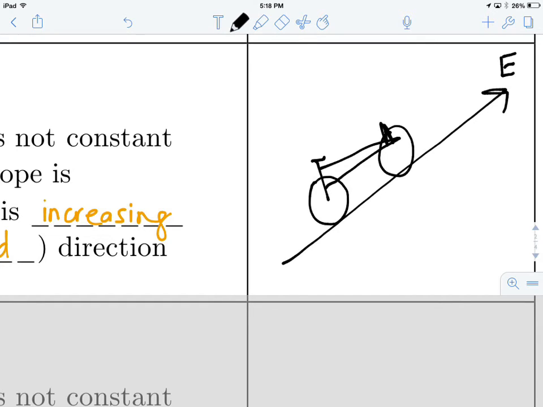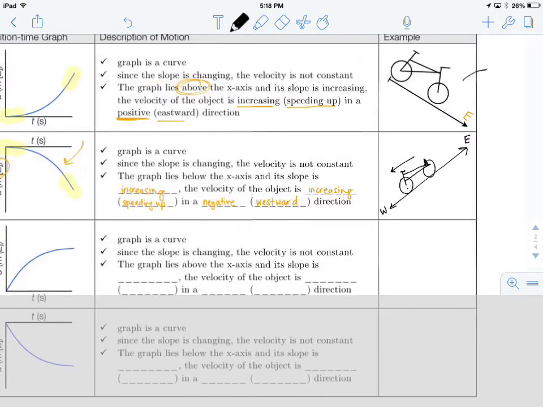Here's the bicycle at rest, and of course as it moves down the hill it's going to get faster and faster, but it's not getting faster in the east direction. This way right here is the west direction, so it's getting faster in that direction.